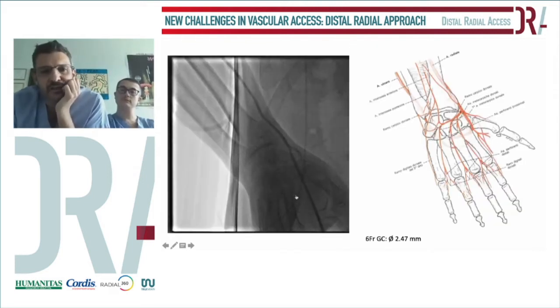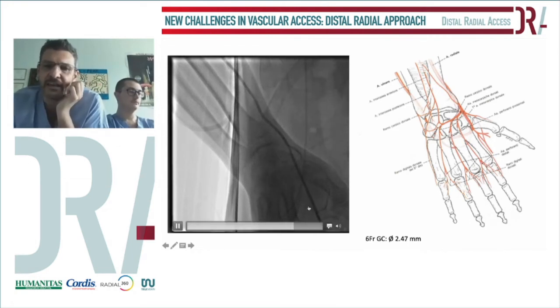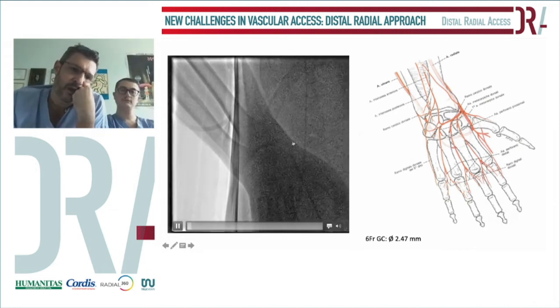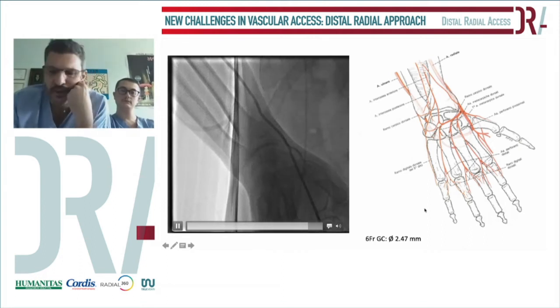This is an angio that was taken using a 6 French RAIN sheath, not a guiding catheter. And you can appreciate that the diameter of the vessel is very close to the diameter of the sheath.